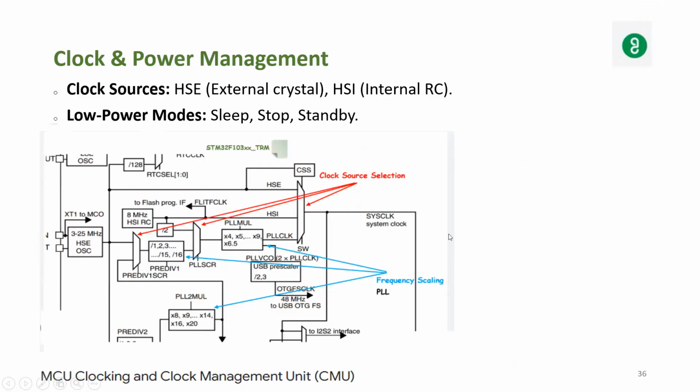And you do frequency scaling. So now we are going to play with the clock. Either you want to change the duty cycle, or divide the clocks into low frequency or high frequency, whatever you want. In that case, you can go for frequency scaling.